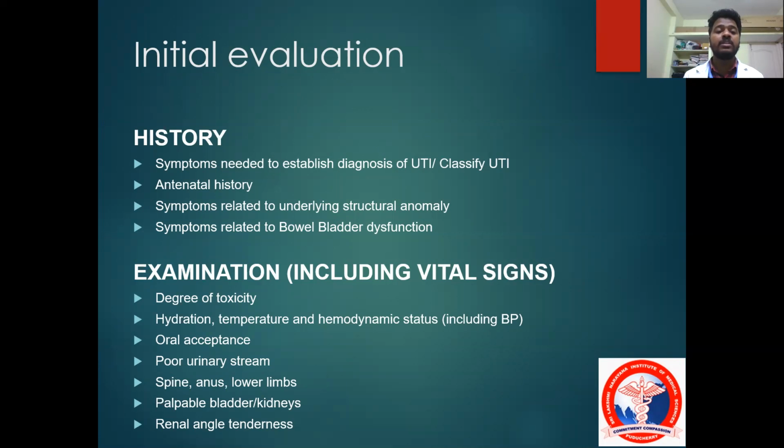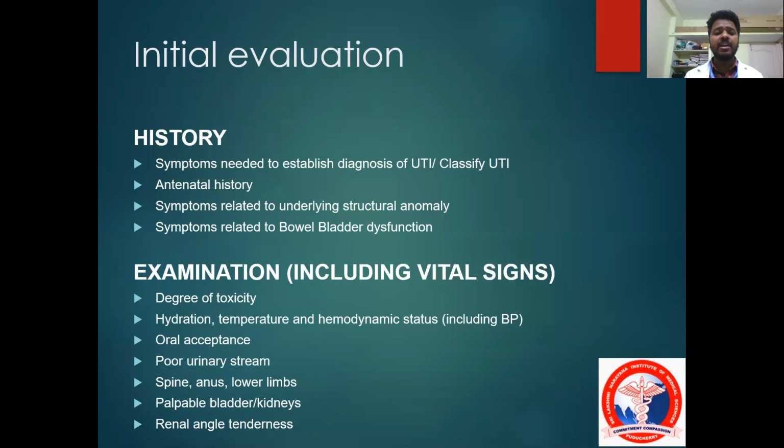So we have to look for degree of toxicity, hydration, temperature and hemodynamic status, oral acceptance, and poor urinary stream. Spine, anus and lower limbs are very, very important.